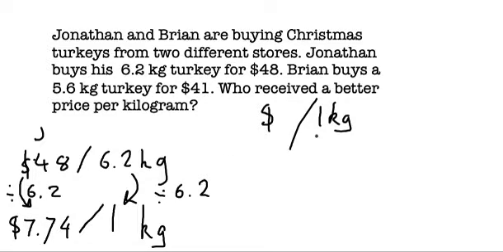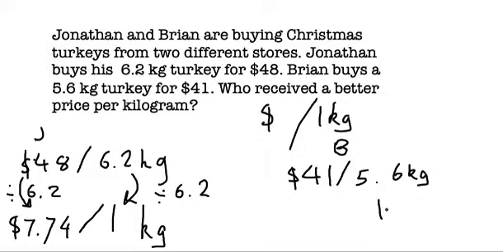Let's try for Brian's turkey now. Right, so Brian's turkey is $41 and it's 5.6 kilograms. So $41 per 5.6 kilograms. Once again, I'm going to work out how much 1 kilogram costs.